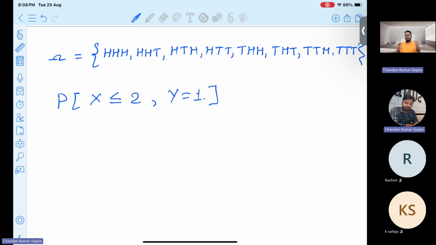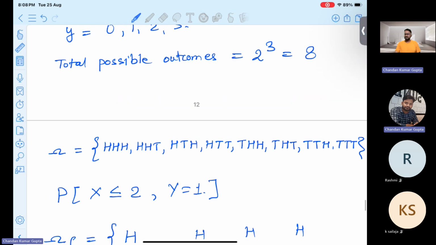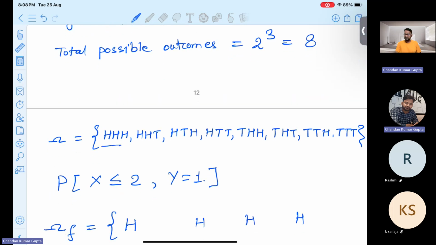If you understand the problem, you will find that for the favorable condition, we need at least 1 head, that is on the first flip. So we have only 4 possibilities: this one, this one, this one, and this one.